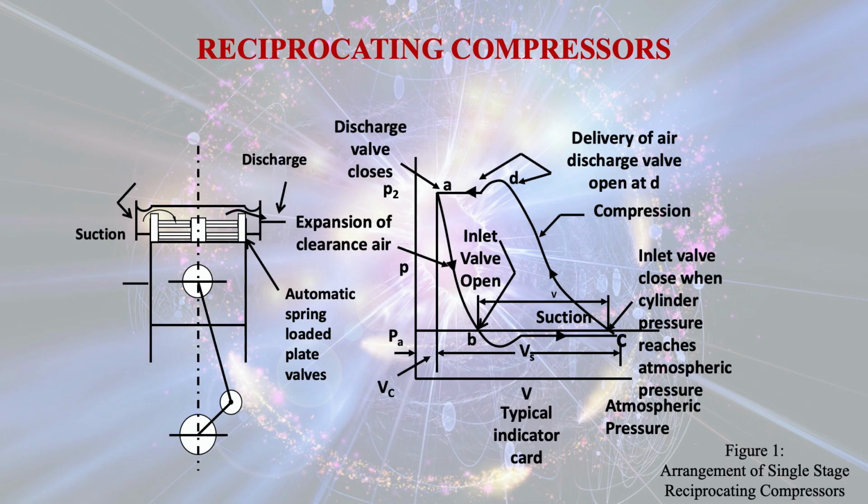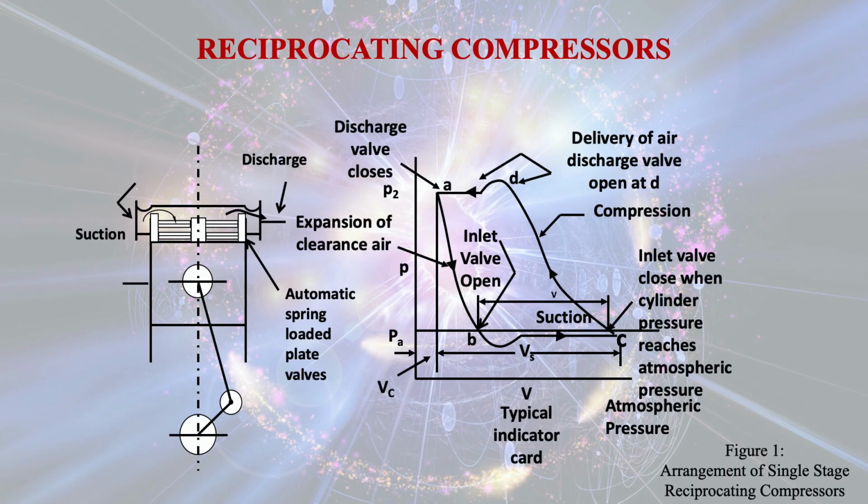Now next is expansion. When the expansion takes place from point A to point B, during that period the pressure will decrease and the volume will increase. But till the point B, the inlet valve will not open, because at the point B the pressure of the air will be the atmospheric pressure.